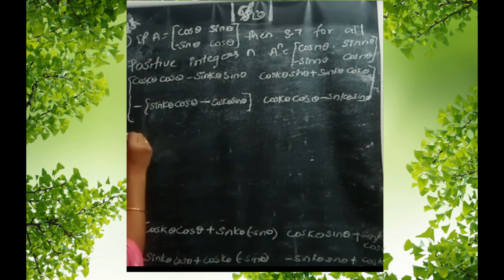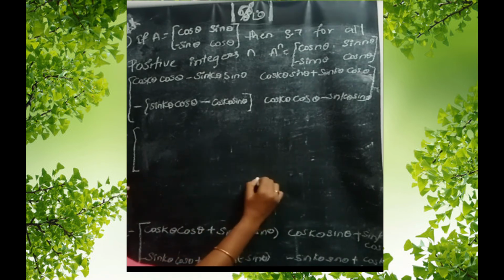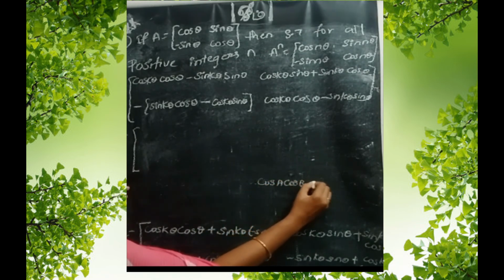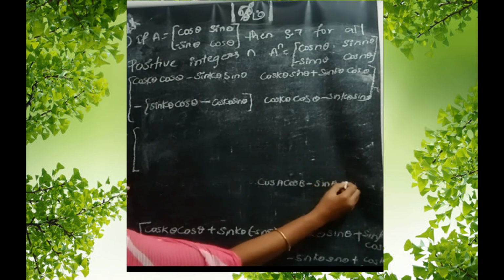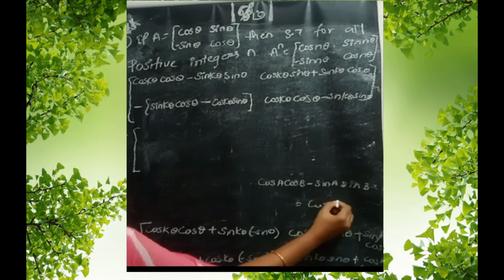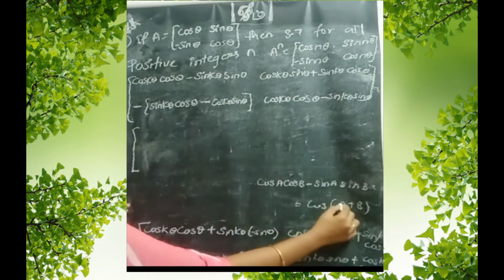Okay. Next, there is a formula for this: cos A cos B minus sin A sin B equals cos of A plus B. This is the formula.